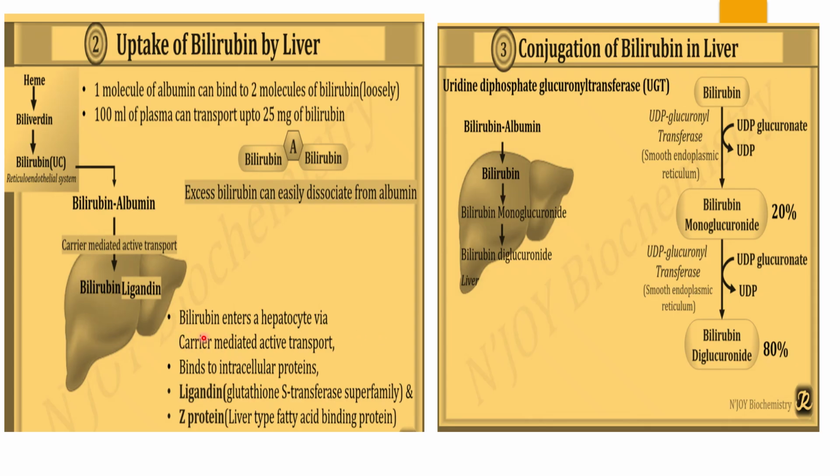This bilirubin binds to intracellular proteins present in the hepatocytes. The two important proteins are ligandin and Z protein. Ligandin belongs to the glutathione S-transferase superfamily, and Z protein belongs to the liver type fatty acid binding proteins.